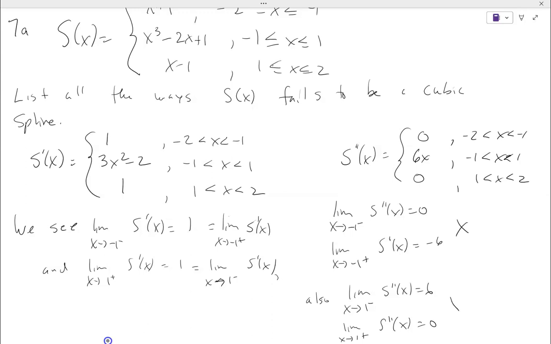So that one doesn't work, and that one doesn't work. So in this case, this is not a cubic spline because the curvature conditions don't match. Does that make sense?